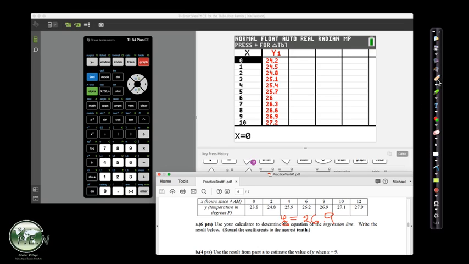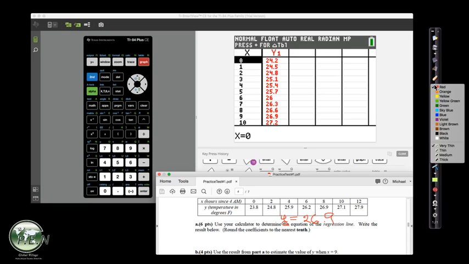Practical meaning of slope is going to come right from here, so it's going to be in temperature per hour.